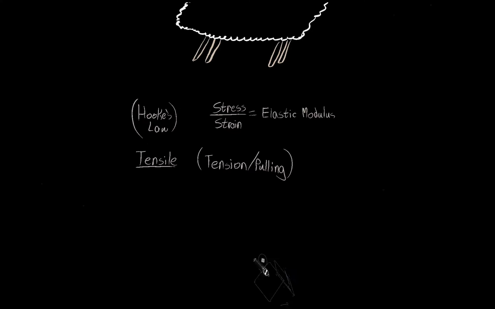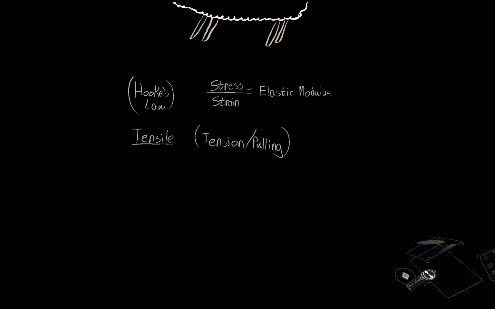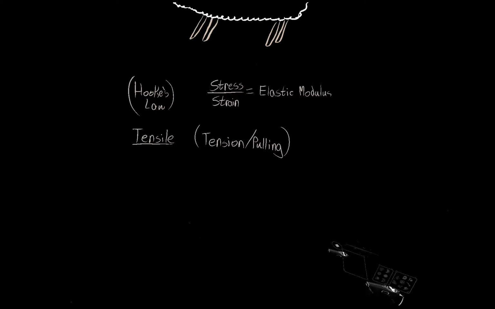And so, tensile stress is the stress of being stretched. Tensile stress is defined as the force that is perpendicular to the thing that it is pulling on. So F perpendicular to whatever area it is pulling on, divided by that area.